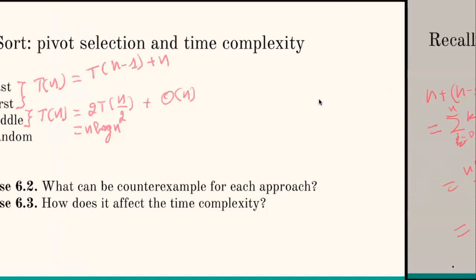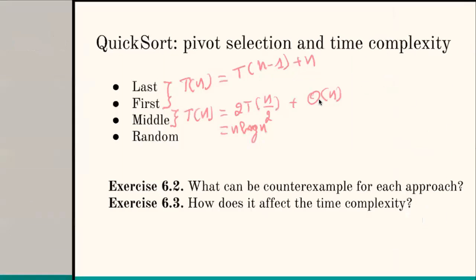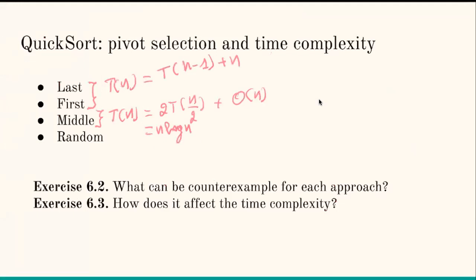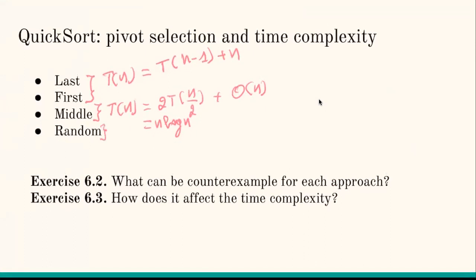But interestingly, we have another case where if you choose the pivot at random, the expected time complexity should be n log n as well. Why? Because if you choose the pivot randomly, you have a higher probability of getting the pivot in the middle than getting the minimum or the maximum element. Does that make sense?